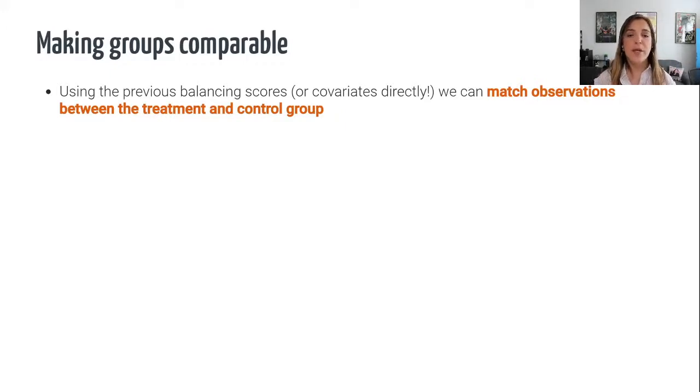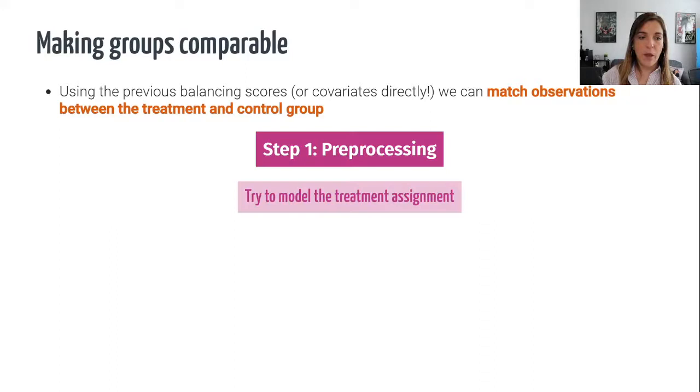So what we can do is match observations between the treatment and control groups that have similar values on their balancing scores. We will also talk a little bit about how you can match on covariates directly. It's a bit harder in the sense of computational power, but again, it works a little bit better.